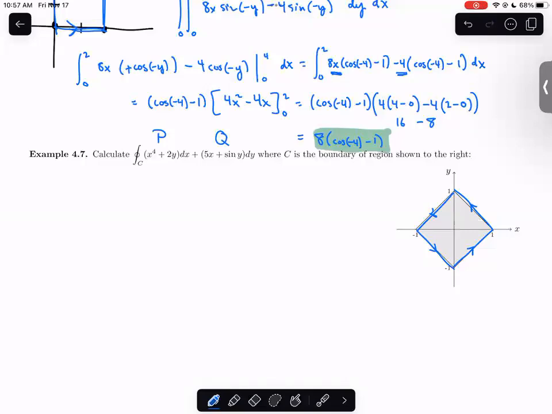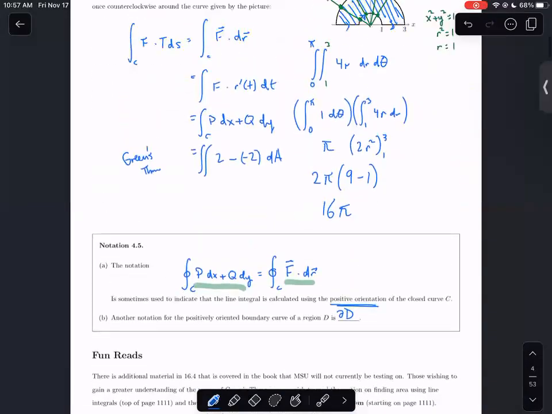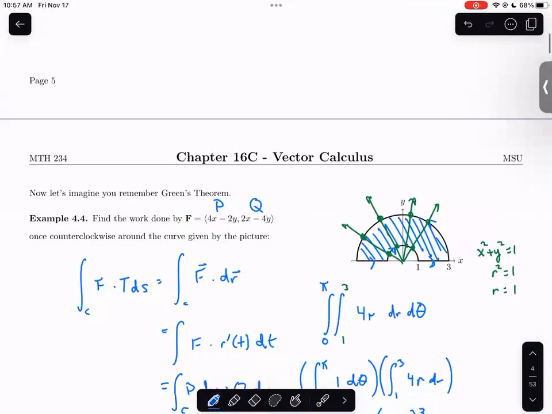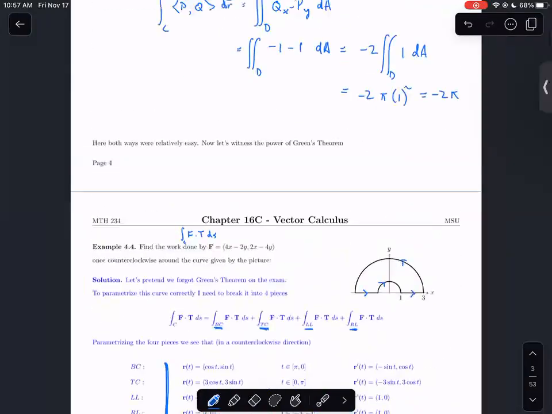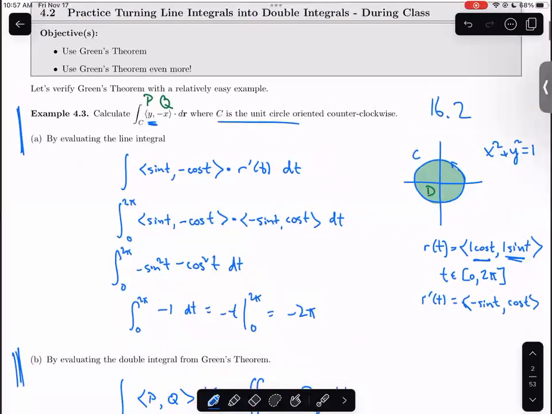It could be. But I mean, it also could be, we just got that notation. And before that, here's an example of one where there's no notation whatsoever. It just says, hey, find work, and you have to remember what work means. And then there was also this starting one here, which says calculate this line integral.